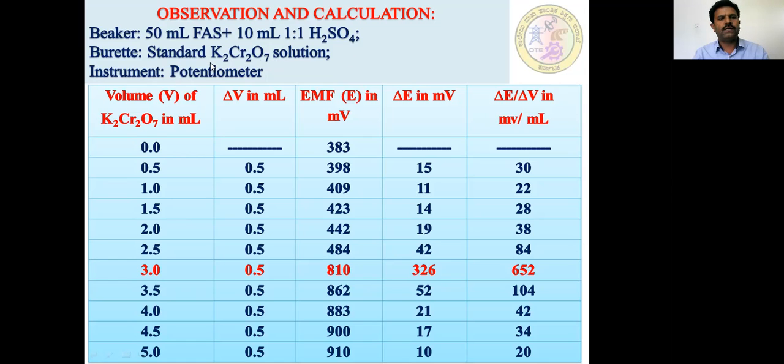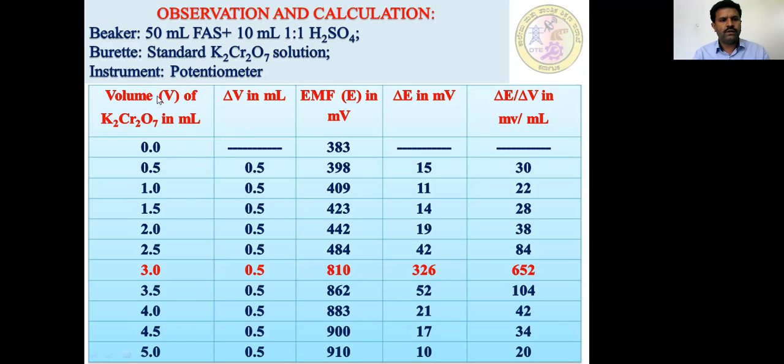In the burette, I have taken standard potassium dichromate solution. We know that a standard solution is nothing but a solution whose concentration is known and very accurate, and that solution has more stability, hence it will maintain its concentration over a long time. And the instrument we used is a potentiometer.